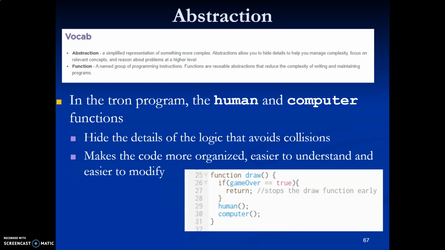So all the computer code that controls the decision making that the computer makes on whether to turn is in the comp drive function. So I know if I want to make the decisions more sophisticated about how to make the Tron player avoid collisions, well, then I would just go to that function and concentrate there. I don't have to scan through the whole program for all different parts that might affect that.